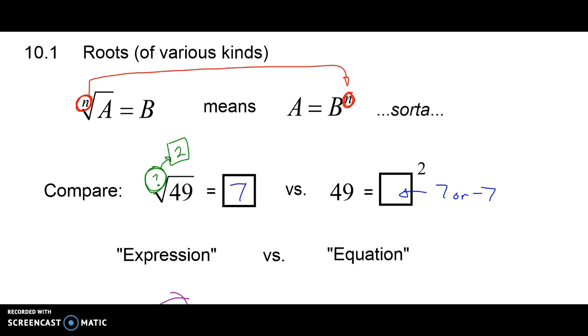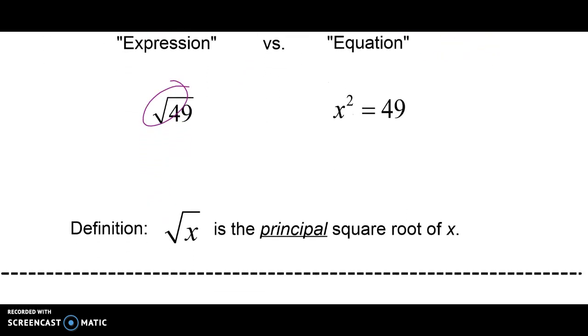There's an extra little bit that has to be added to that. So the actual definition of what that symbol means has this extra word, principal: square root of x. It's actually the principal square root of x. And the word principal, what that means in this circumstance is if you have a choice, take the positive one.